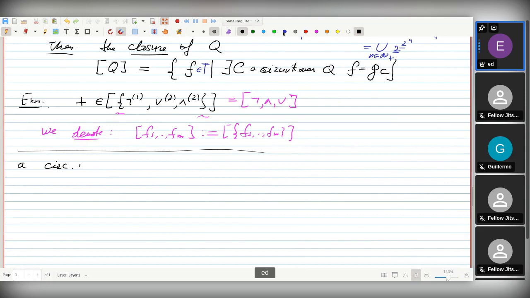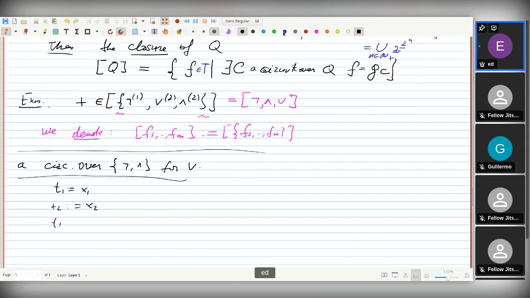Do we have a circuit over just negation and conjunction that computes disjunction? So we have two arguments. T1 is x1, T2 is x2.